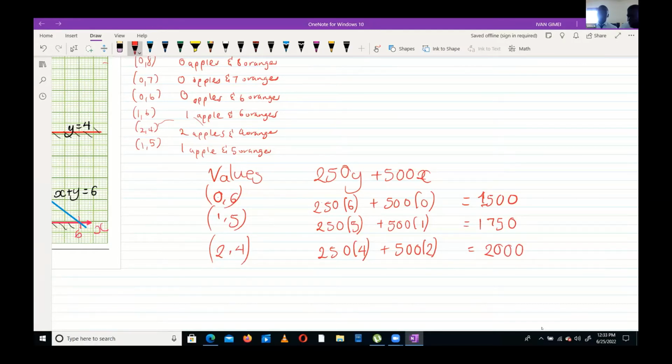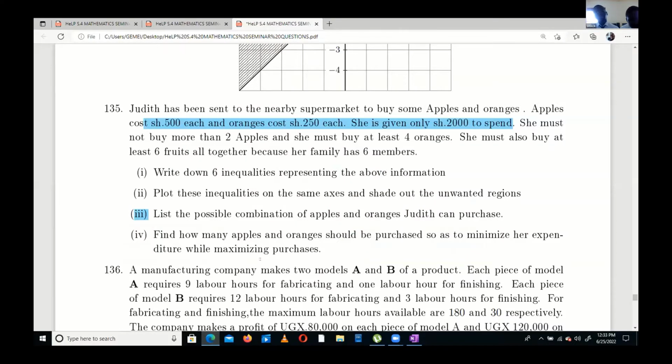So when we go back to our question, we see they ask us to find how many apples and oranges should be purchased so as to minimize our expenditure while maximizing our purchases.